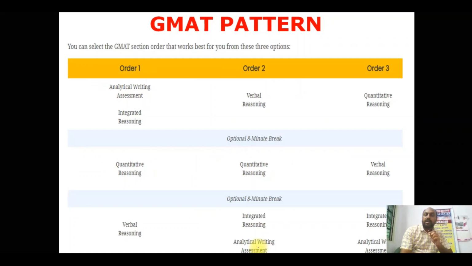And you can select the GMAT section order from these 3 options. Here you can select order 1, order 2, order 3 on your own.